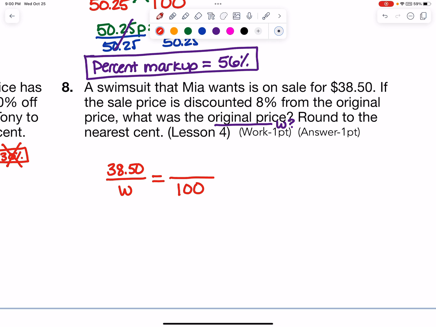So they're saying that the original price was discounted 8%, but they discounted it, meaning they removed 8%, and the final price is that. Okay, that is the final sales price. So what percent is that?